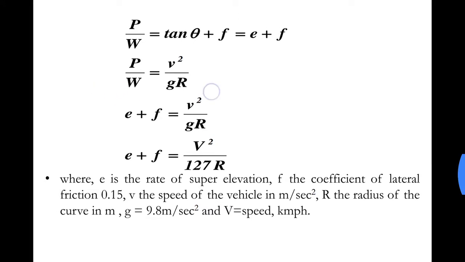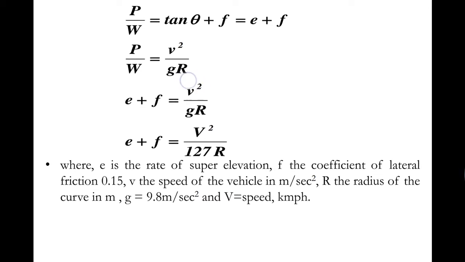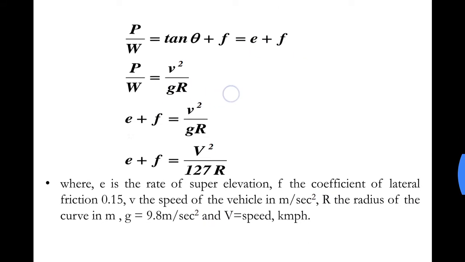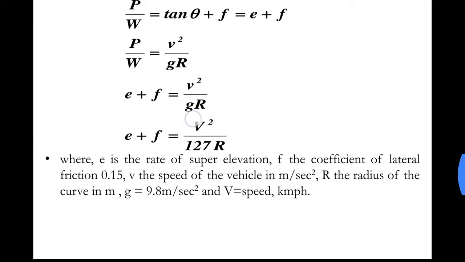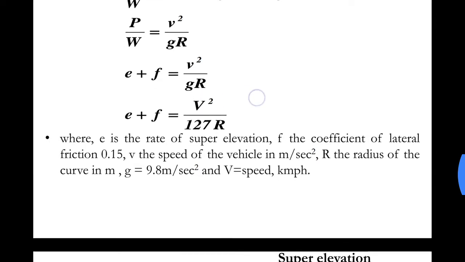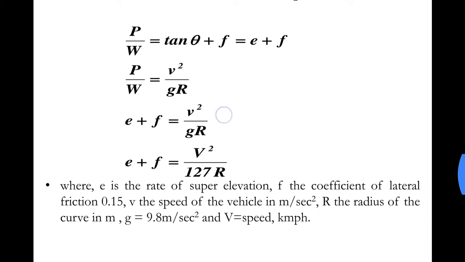We already know that centrifugal ratio P by W is equal to V square by GR. Hence we can equate E plus F and V square by GR. Therefore E plus F equal to V square by GR. Now this is the formula that we use to find out super elevation when the velocity is given in meter per second.